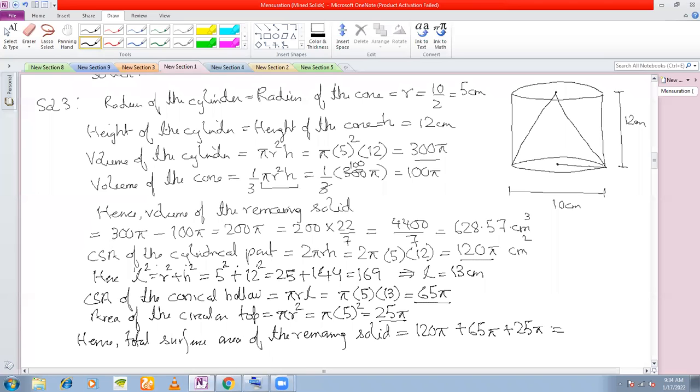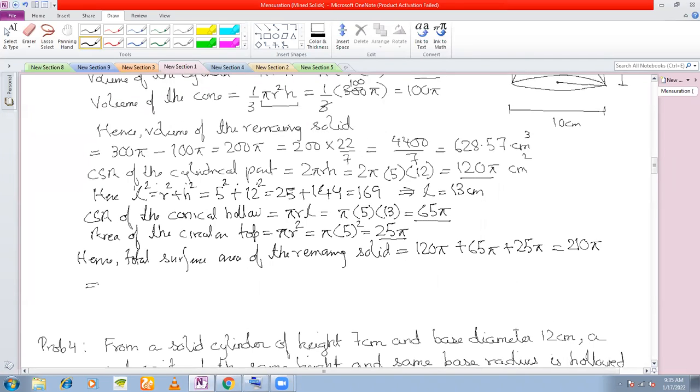That's it. Add them. You'll get 210 pi. And now you can put the value of pi ultimately. So 210 into 22 by 7. This cancels here, it's 30. So 22 into 30, you get 660 centimeter square. Clear with this? So I'll stop here.